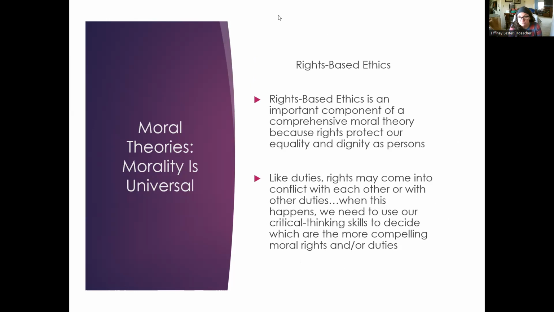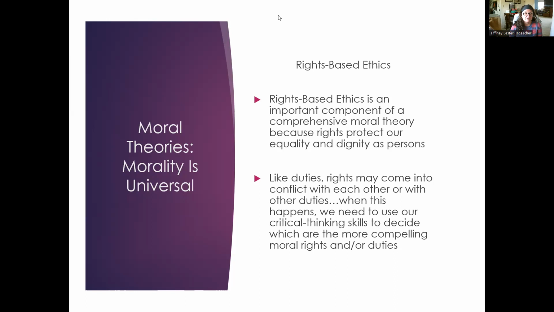And like duties, like the 7 prima facie duties, rights may come into conflict with each other or with other duties. And when this happens, we need to make sure we're using good critical thinking skills to decide which are the more compelling moral rights and duties, right? They're going to come into conflict with each other.